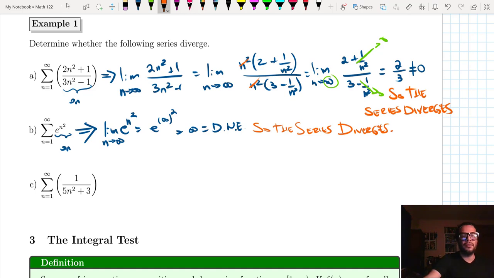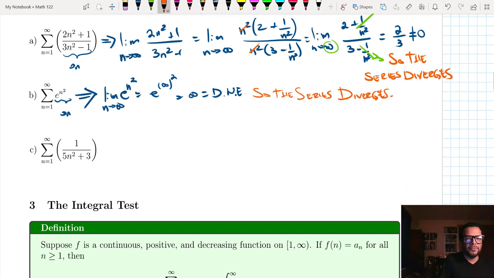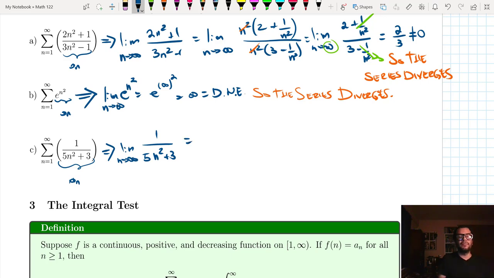All right, let's look at another one. This whole term right here will be our a sub n, the nth term. So we are going to take the limit of 1 over (5n squared plus 3) as n approaches infinity and plug in infinity. But look what is going to happen here. 1 over 5 times infinity to the second power plus 3.